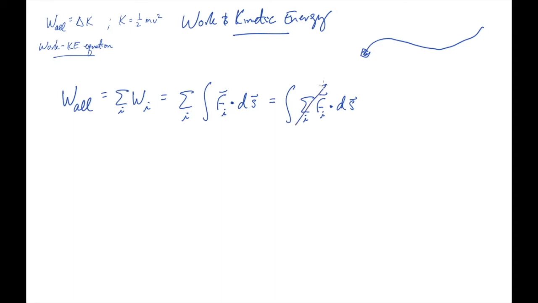Now, we know that the sum of the forces on something equals mass times acceleration. So now, if I replace that, I have mass times acceleration dotted into this element of the path. I'm going to replace that with the definition of dot product that we came up with in the last talk.